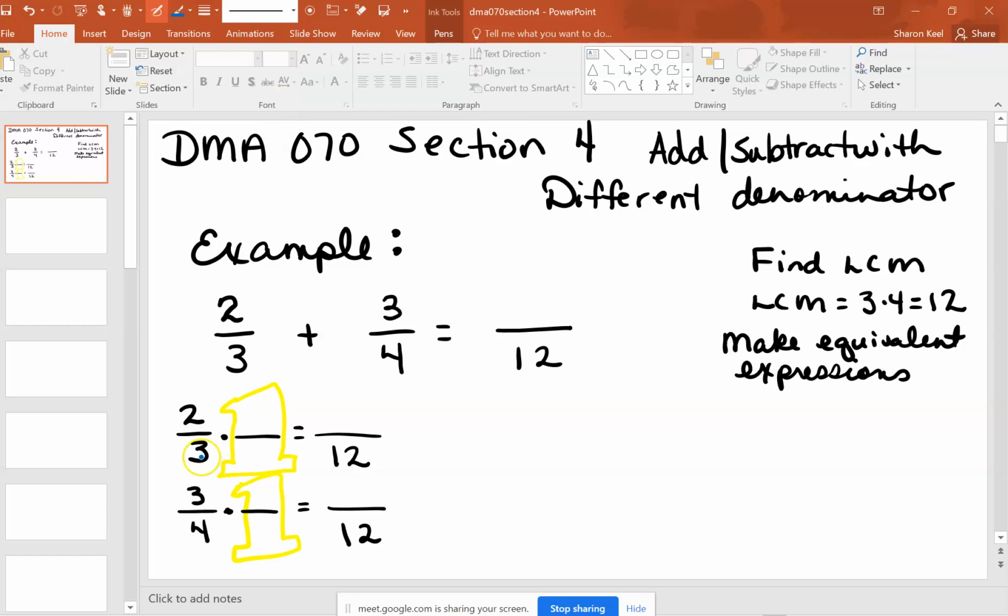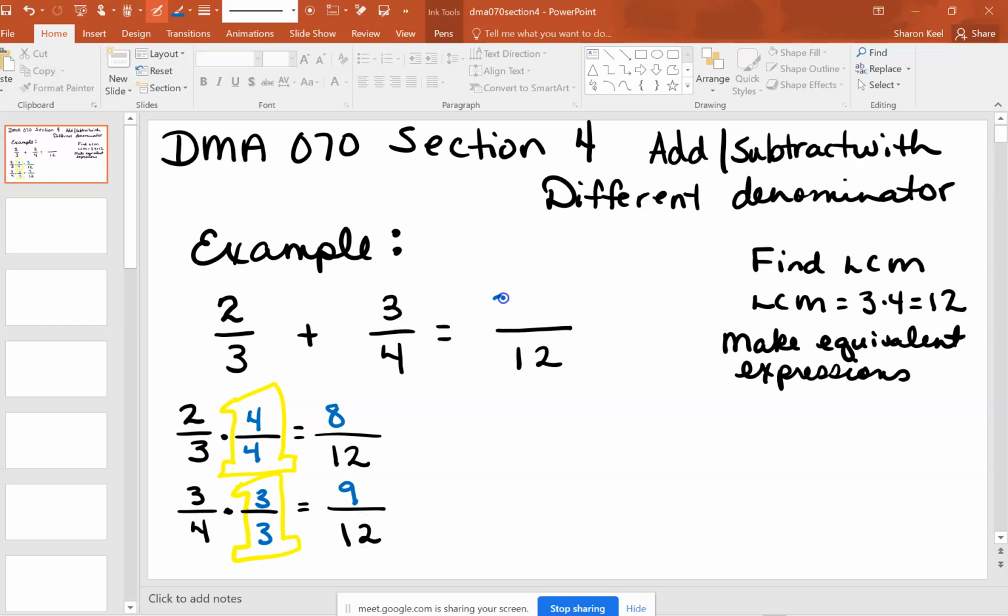So here I would say 3 times 4 gives me 12, so my 1 whole is 4/4. 2 times 4 gives me a numerator of 8, so 2/3 is equivalent to 8/12. 4 times 3 gives me 12, so my 1 whole is 3/3. 3 times 3 gives me 9, so 3/4 is equivalent to 9/12.